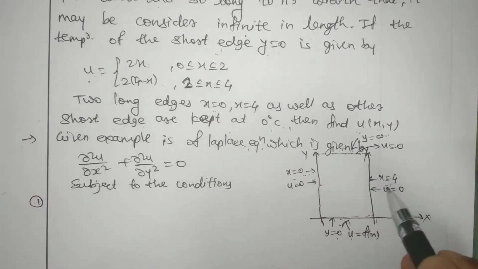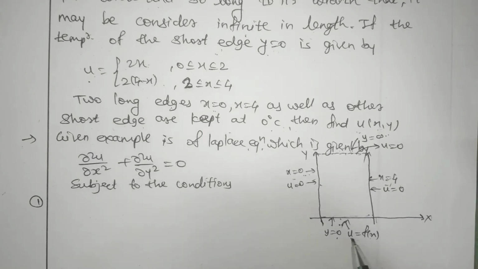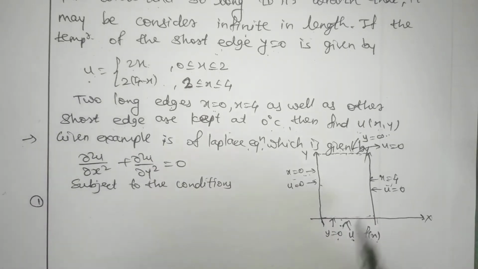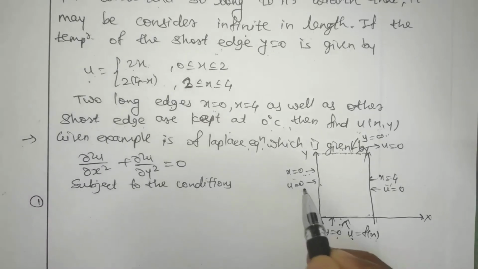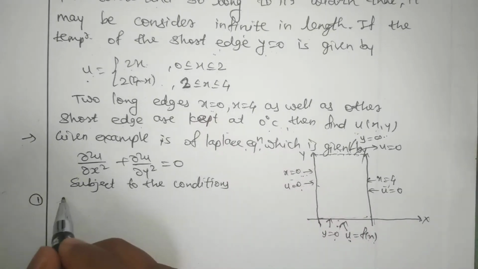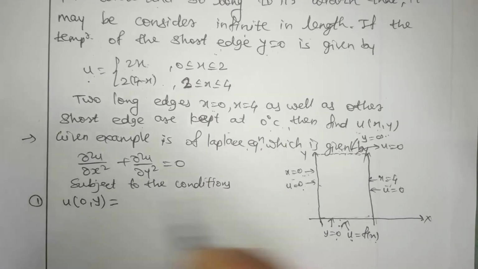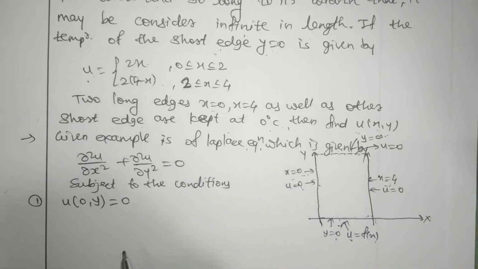These three sides are kept at 0 degrees Celsius and this side is kept at temperature f(x), where f(x) is 2x and 2(4 - x). By using this we have to write the conditions. What are the conditions? The first condition, at x = 0, that means u(0, y): the value of x is 0, so u is 0.